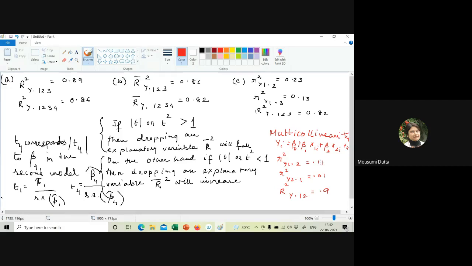Suppose this is the context: all possible partial correlations are very low and the multiple correlation is very high. If this is the context, this is considered as an evidence of multicollinearity.